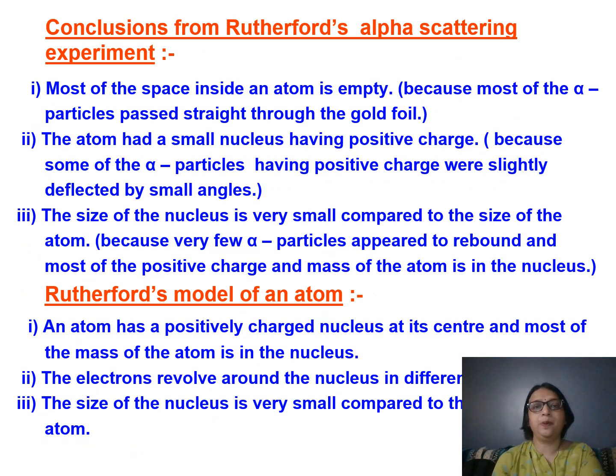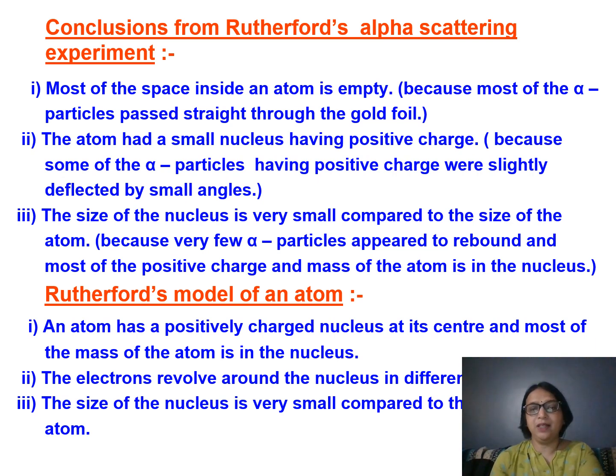The conclusion from Rutherford's alpha experiment is that most of the space inside an atom is empty, because most of the alpha particles passed straight through the gold foil. The atom had a small nucleus having positive charge, because some of the alpha particles having positive charge were slightly deflected by a small angle.